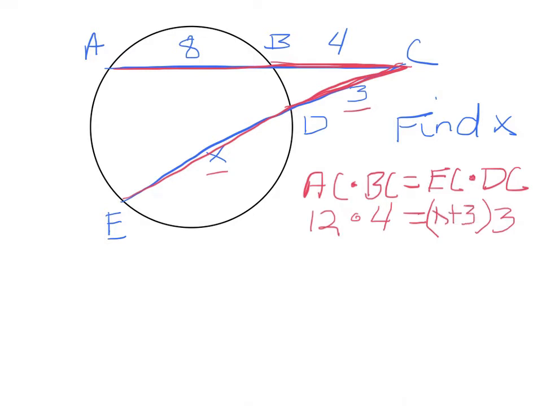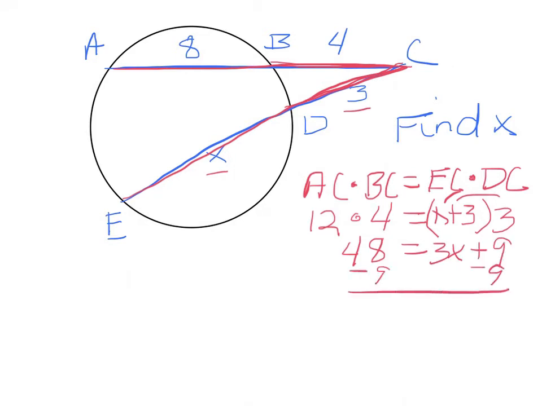Now this gives us an equation which we can solve for x. 12 times 4 is 48. 3 times this, using the distributive property, I get 3x plus 9. Subtract 9 from both sides, and I get 39 equals 3x. If I divide by 3, I get 13 equals x. If these had had units, I would have tacked on the units to 13. So that's the first problem.